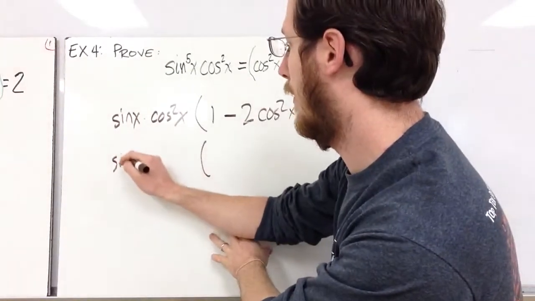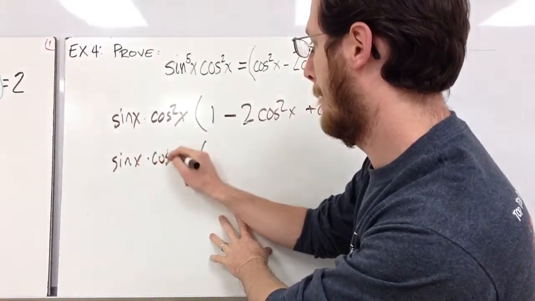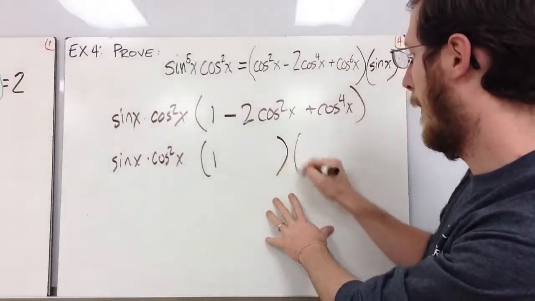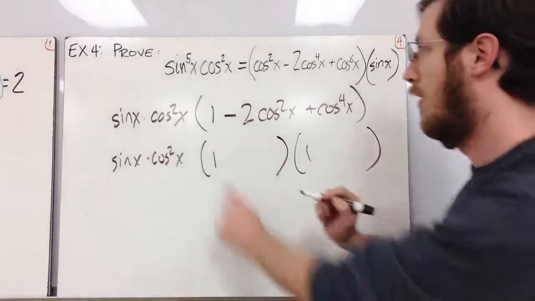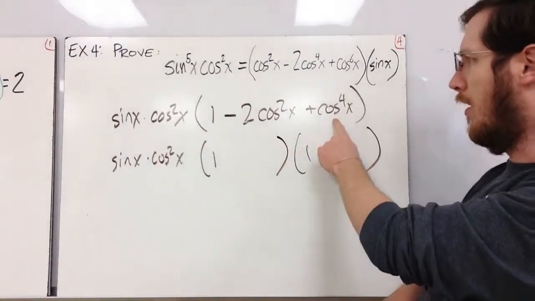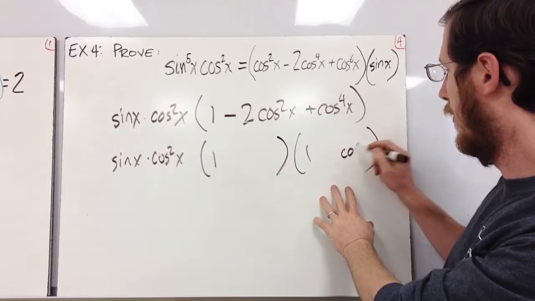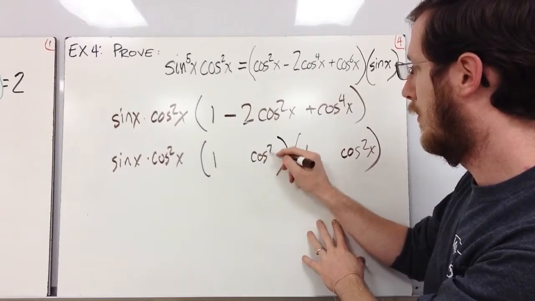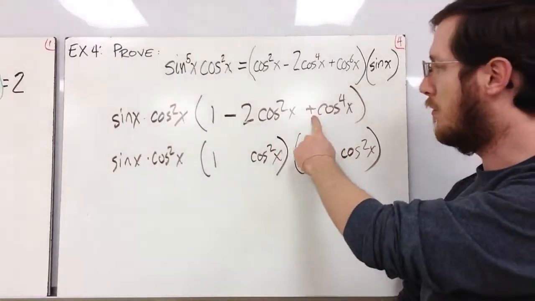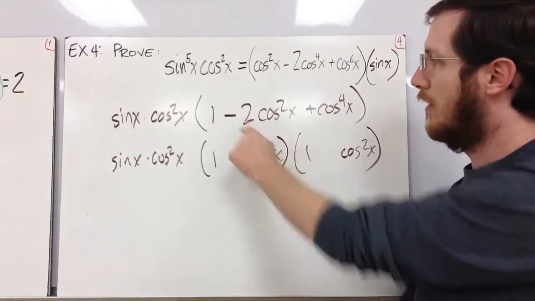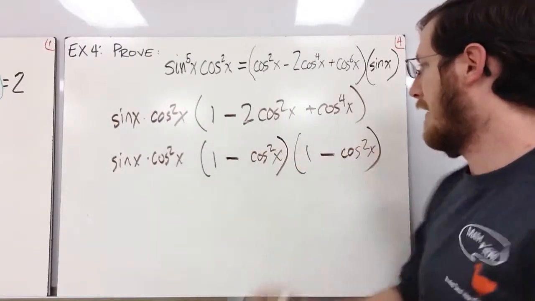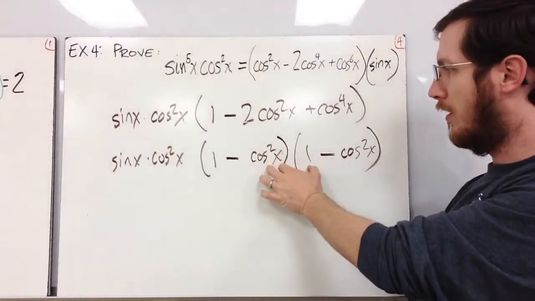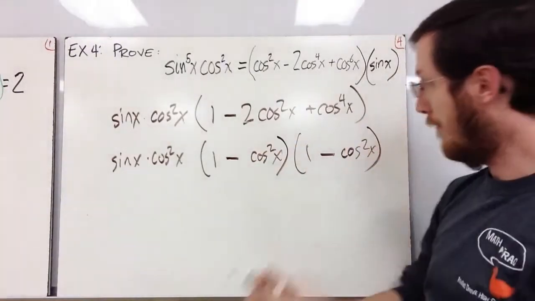So if we bring down these two, I'll bet we can factor this as the product of two binomials, where 1 is our first term, cosine squared is going to be our second term, and since this term is positive, we're going to have the same sign. This term's negative, we're going to have negative signs. Does that work? Inside, outside. Okay, that looks good to me.